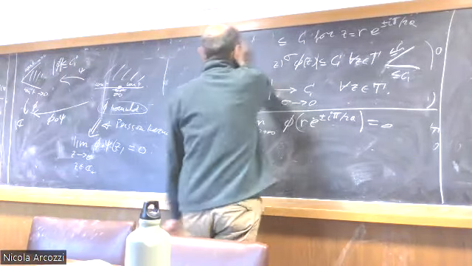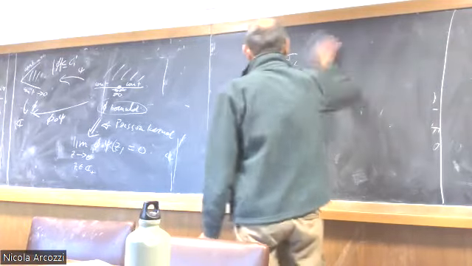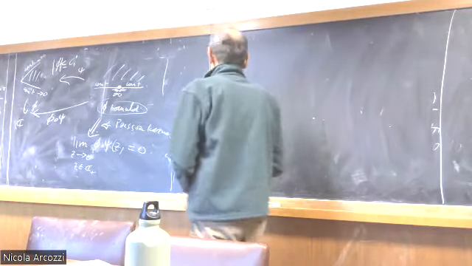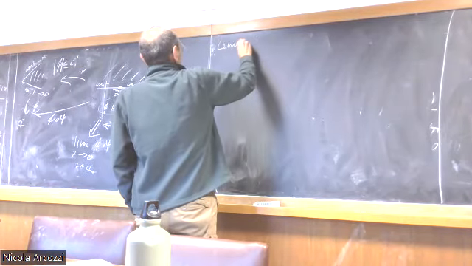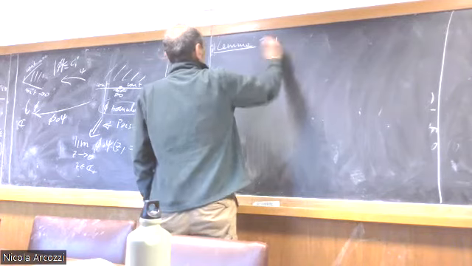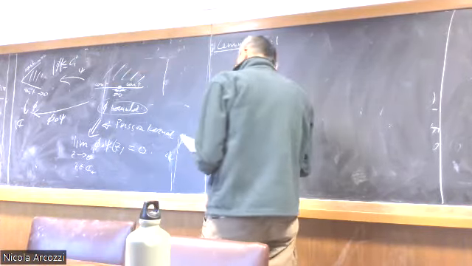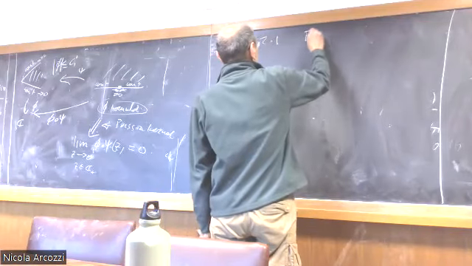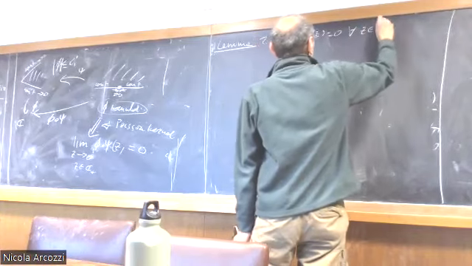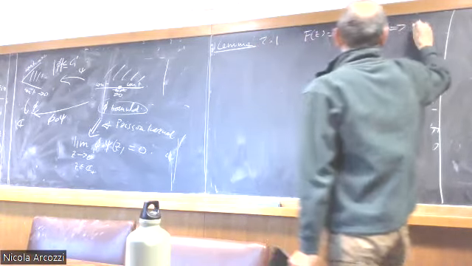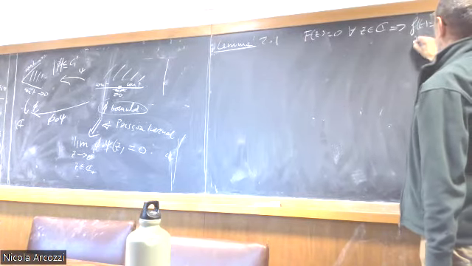So the first lemma is rather innocent. I use the numbering of Titchmarsh, lemma 2.1, says that if f of z is equal to 0 on the imaginary axis, then the function f is equal to 0.